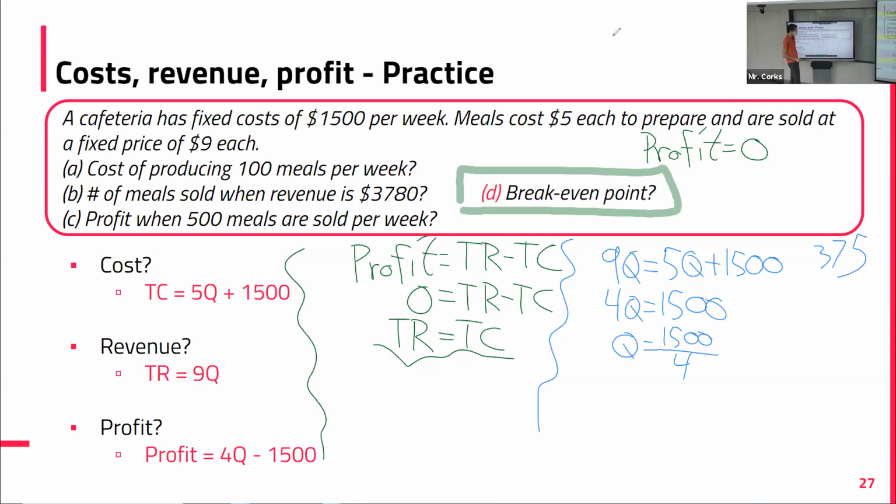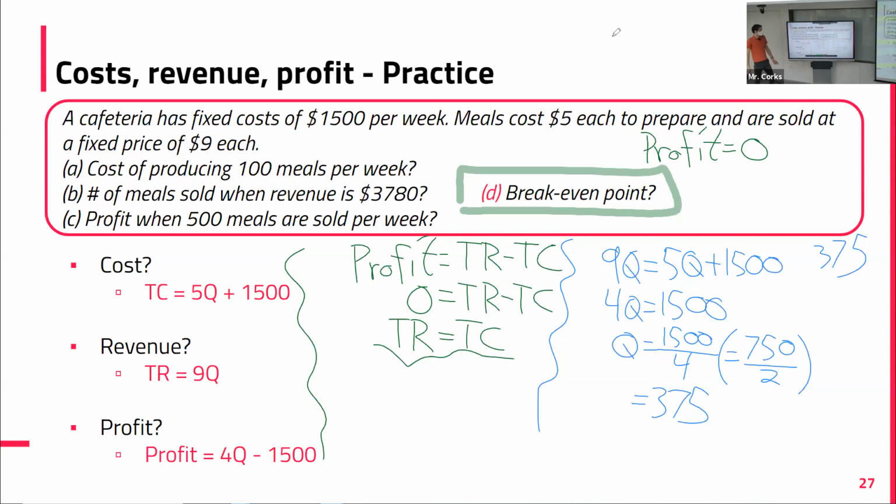Again, if this is a little confusing, we can just do this in steps. Well, 750 over 2. And then from there, it's a little easier to divide by 2 one more time. Yes, 375 as our Q value here.